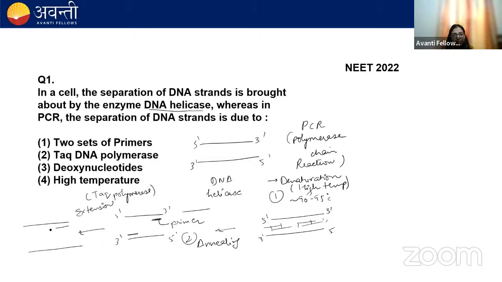So Taq polymerase will keep on adding the nucleotides and they form a long chain. This is how the amplification is done. So the correct option is fourth. I hope it is clear to everyone.